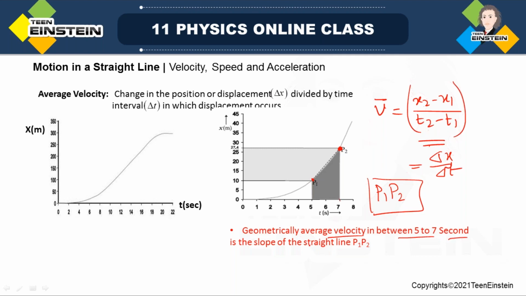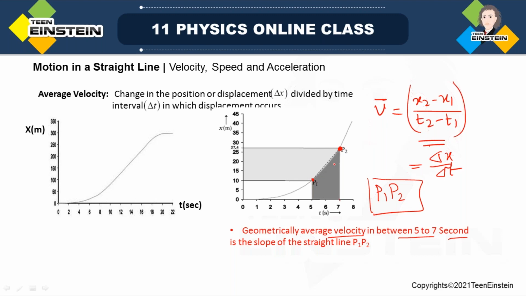So average velocity is the slope of the straight line joining the two positions of the object between which you want to calculate the average velocity.